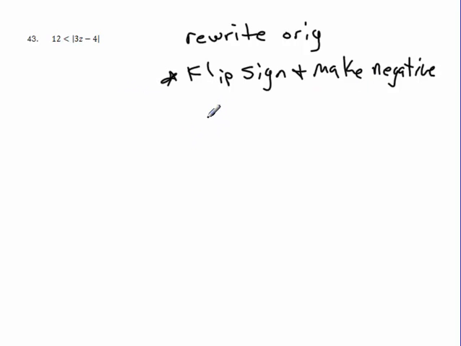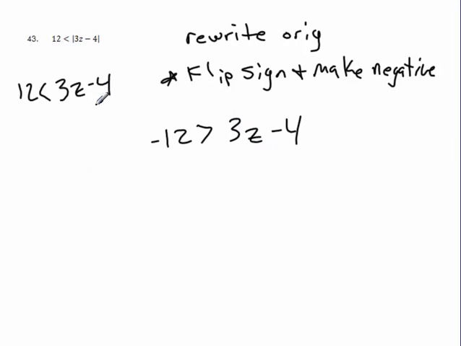Remember, it breaks into two. So the first one, I just rewrite the original: 12 is less than 3z minus 4. And then for the second one, I have to say negative 12 is greater than. Note, I flipped my sign and I made this negative. I made my value negative. 3z minus 4.